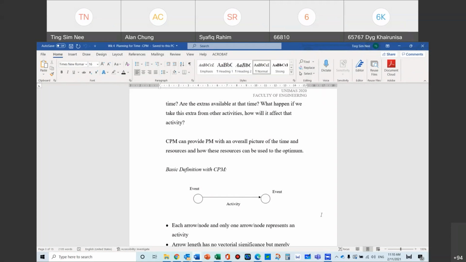Before you know how to draw the network, you must know the overall activities, how they are flowing, the whole system about how one must follow another, which one will affect the other one. Think about that. Once you get your diagram out, all your network out, things will look very clean.